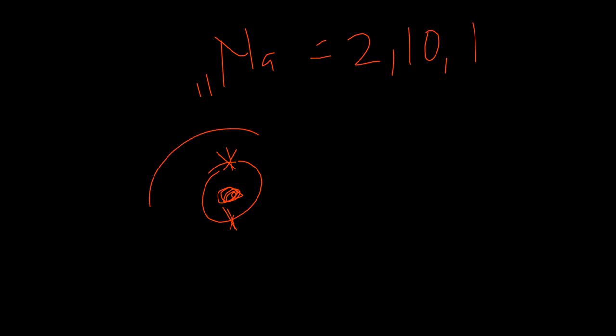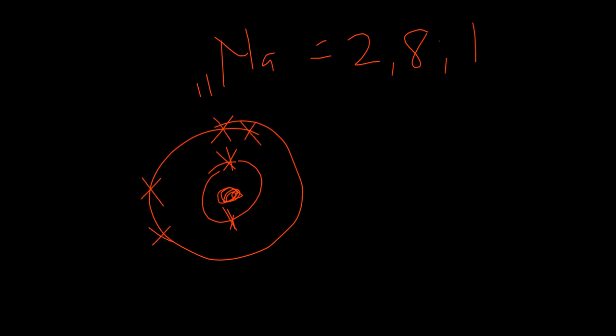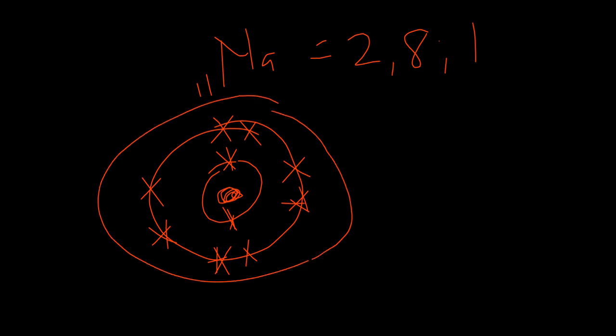Sorry, I need to correct something. So the second shell has 8 electrons. And the last shell has how many electrons? It has 1 electron. So that's the structure of sodium. That's how a sodium atom looks.